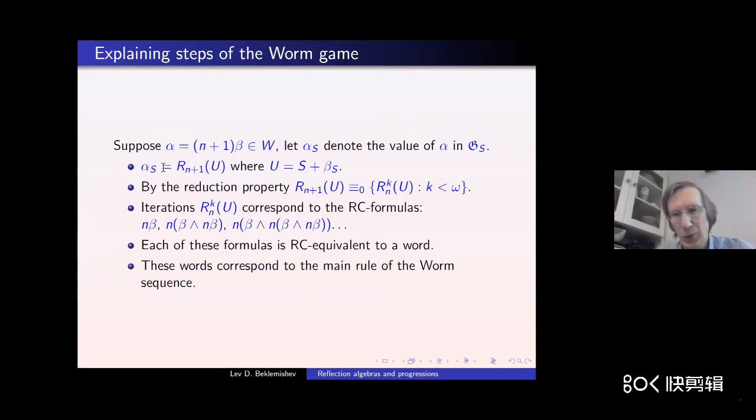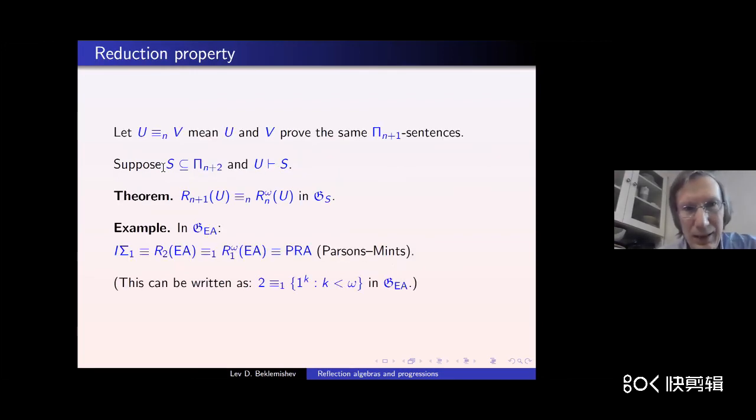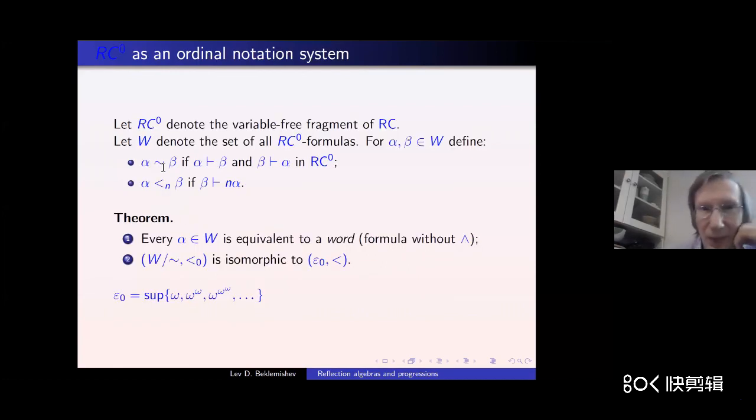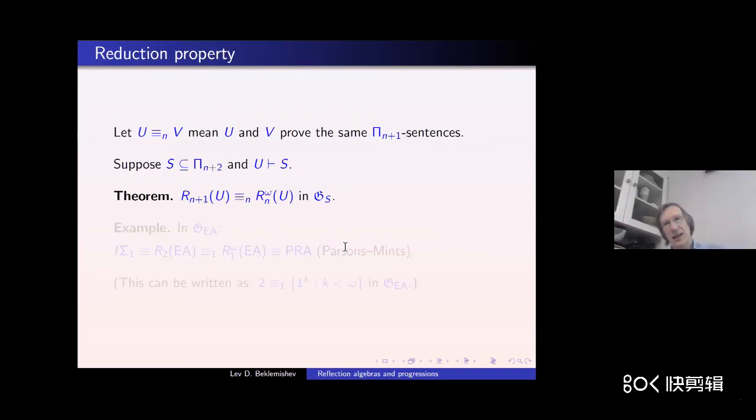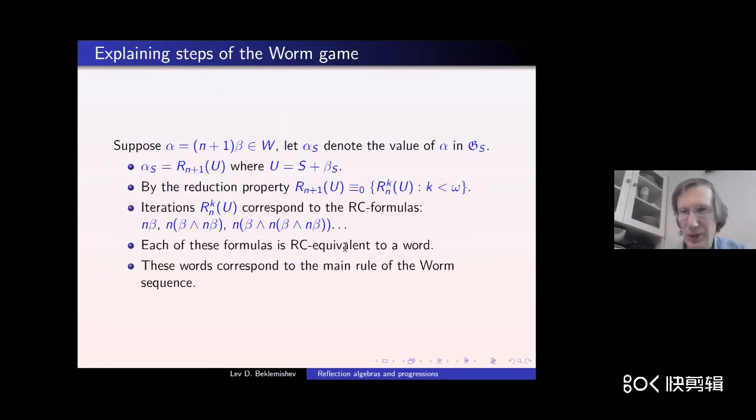As I said, every such word can be considered as an element of W. W is defined here as a set of variable-free formulas of RC, in which conjunction does not occur, which means essentially that they are sequences of applications of our operators Rn for various n. So we view this alpha as a sequence of operations Rk for various k, of finite length.